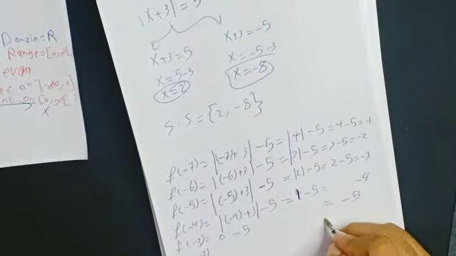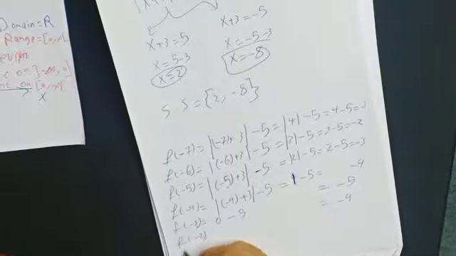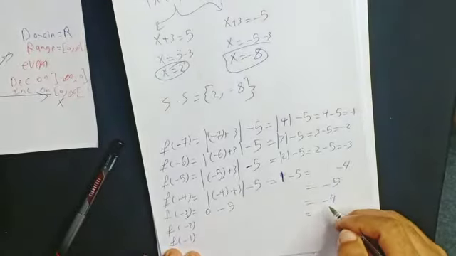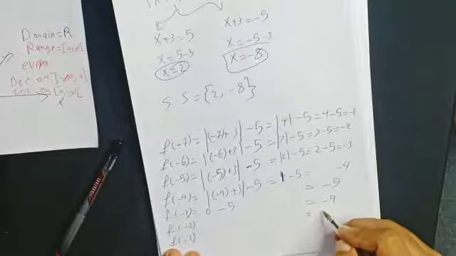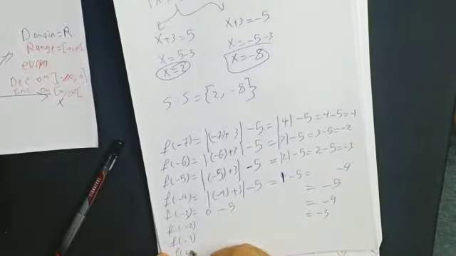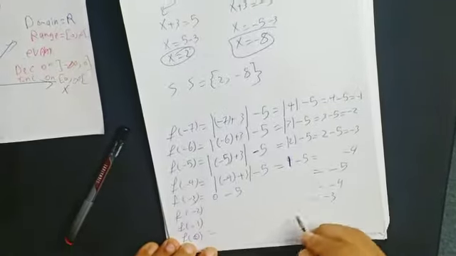F of negative 1 is negative 1 plus 3, 2 minus 5, negative 3. F of 0 equals negative 2.